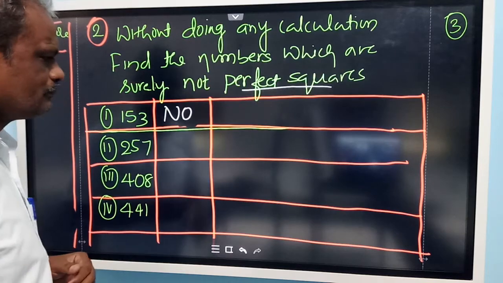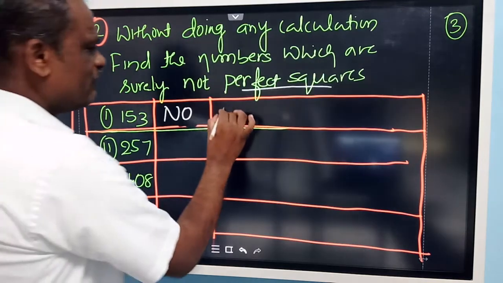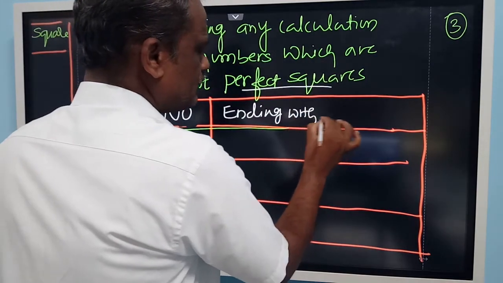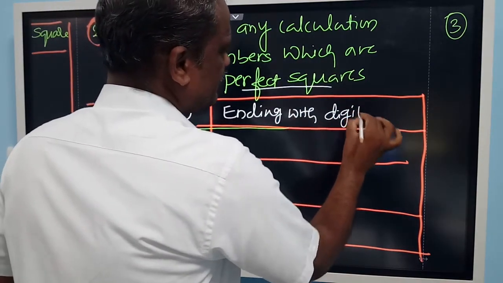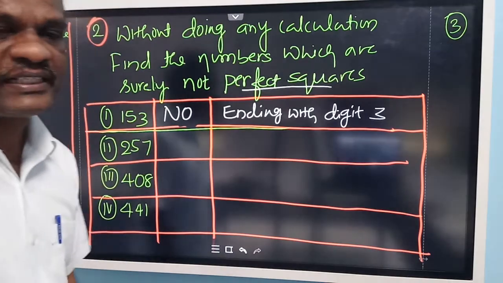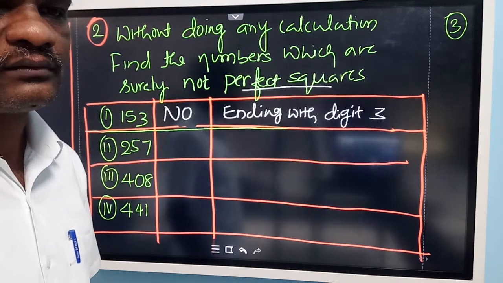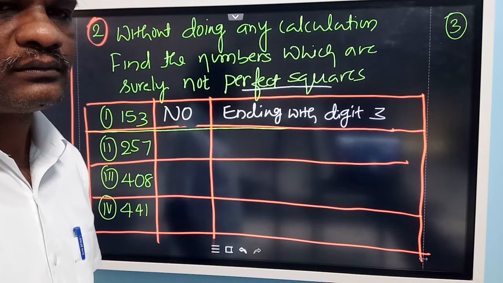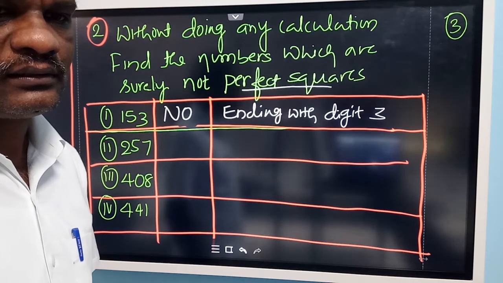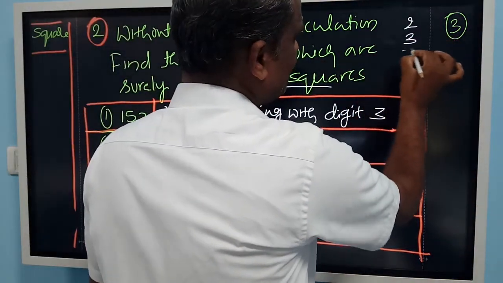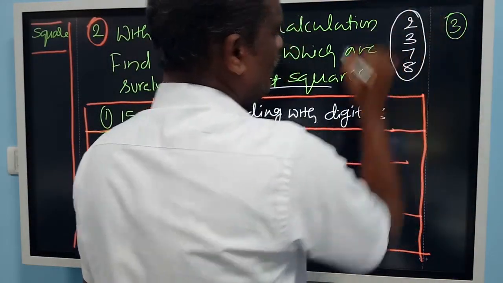It has 3, so ending with digit 3. So numbers which are ending with what digits are not perfect square numbers? Sir, 2, 3, 7, 8. Numbers ending with these digits are not perfect square numbers.